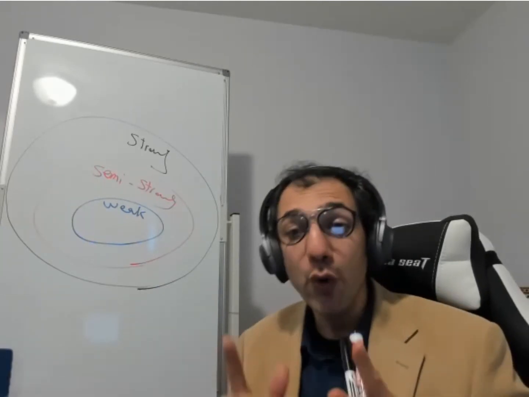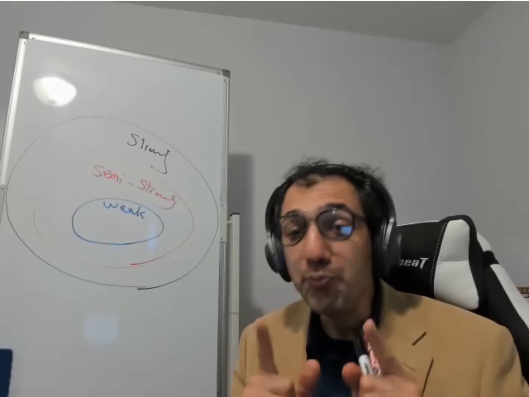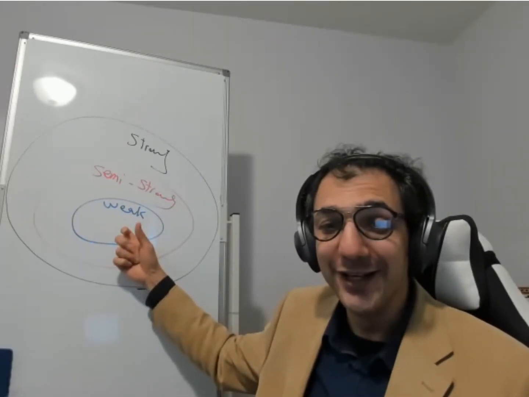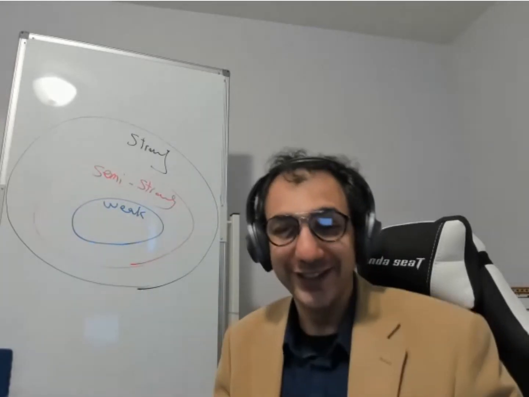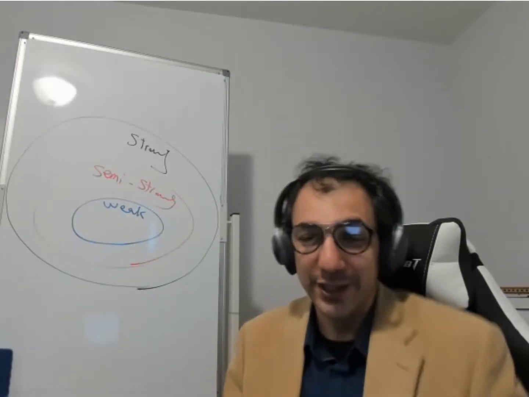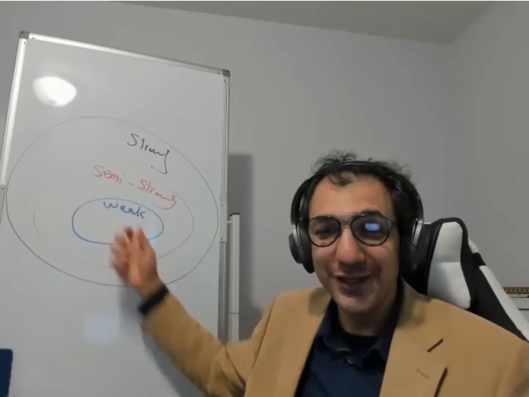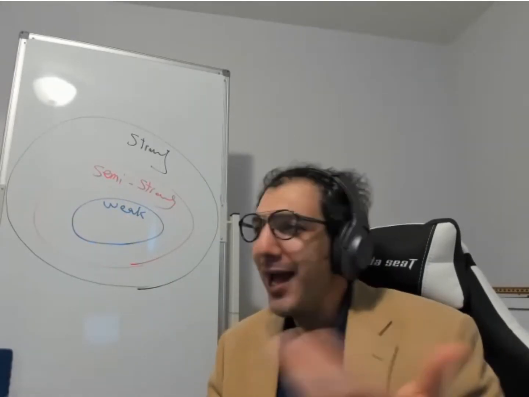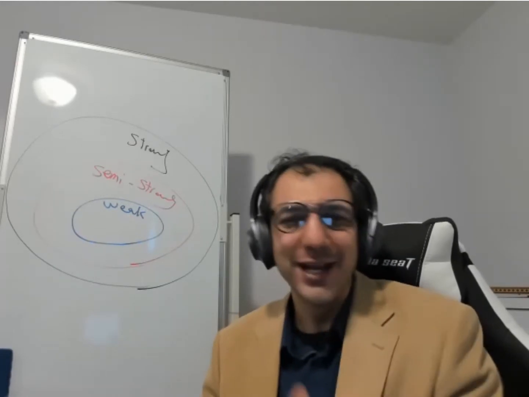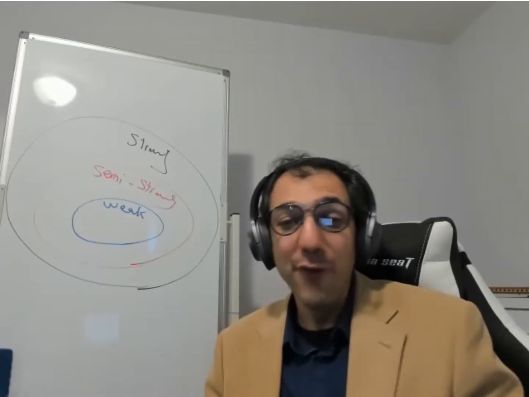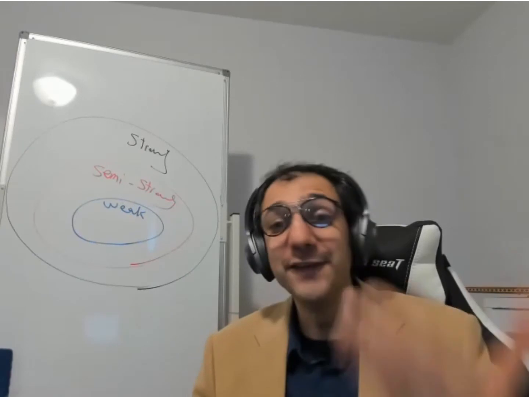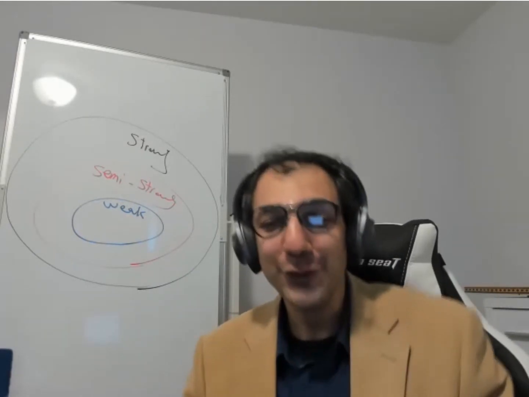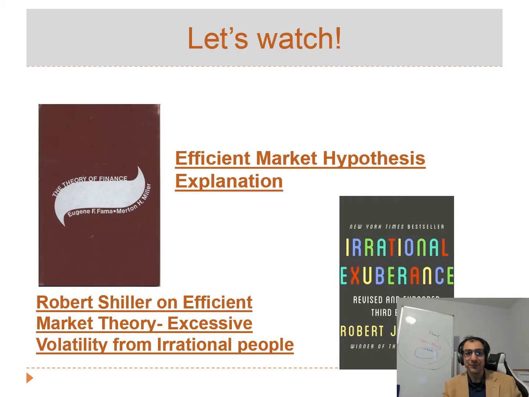Now, if you believe in even the weak form of efficiency, you shouldn't do technical analysis, because we mentioned that in the weak form of efficiency, the historical data are reflected in the price. So if you have that information, anyone else has that information, so you cannot beat the market. However, if you don't believe in efficiency, even the weak form, maybe you should consider using technical analysis.